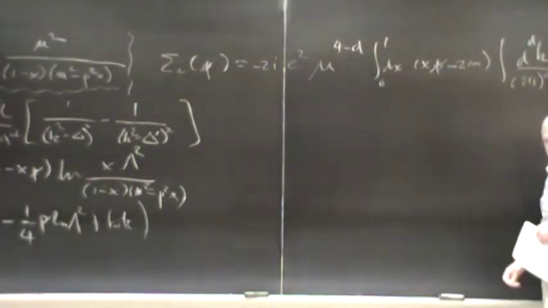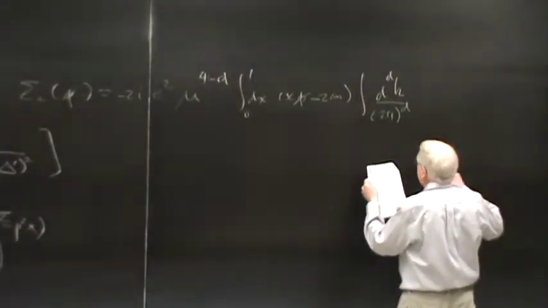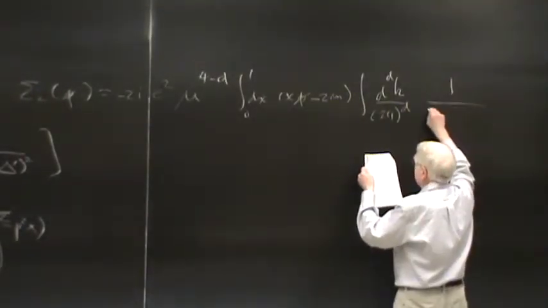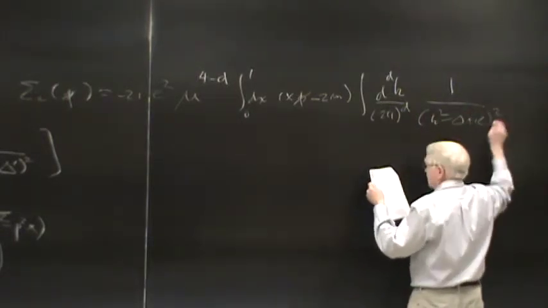So d is something like 4, or 3 minus epsilon, 3 minus epsilon coming down, 1 over k squared minus delta plus i epsilon squared.